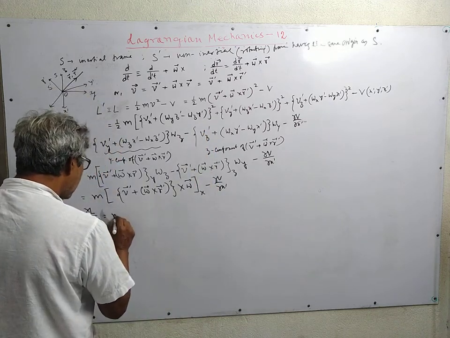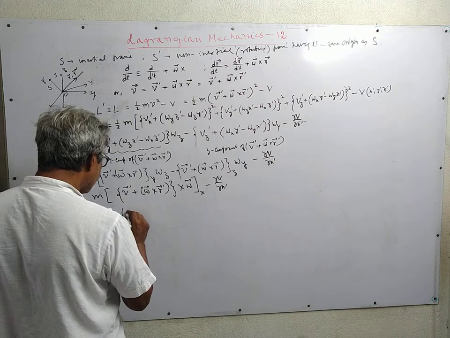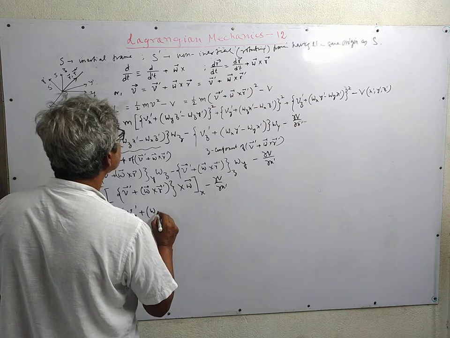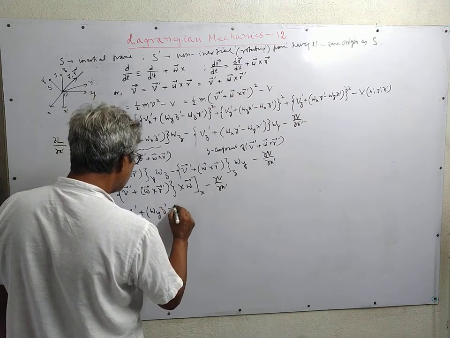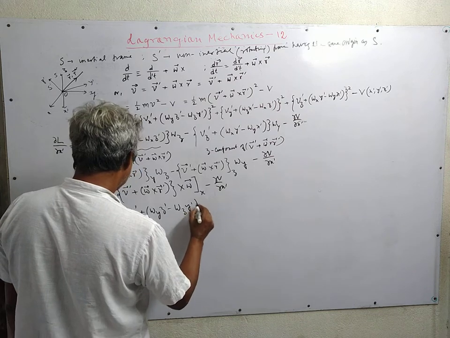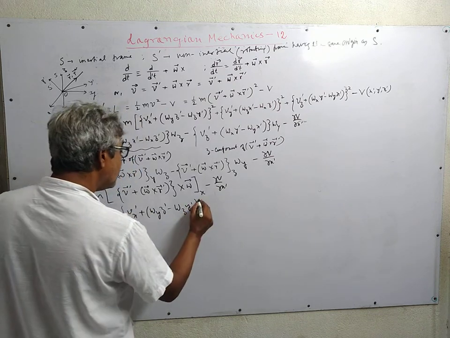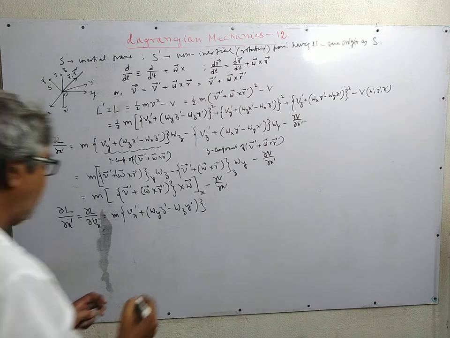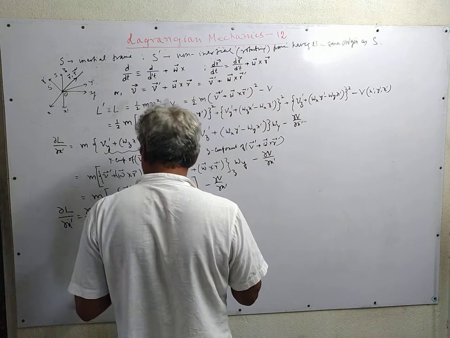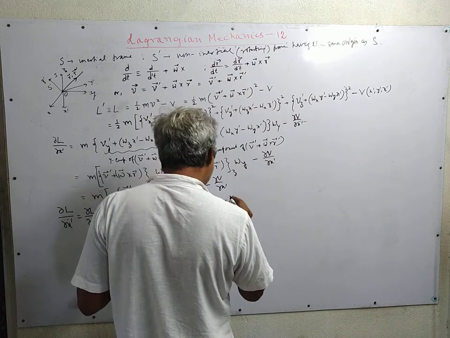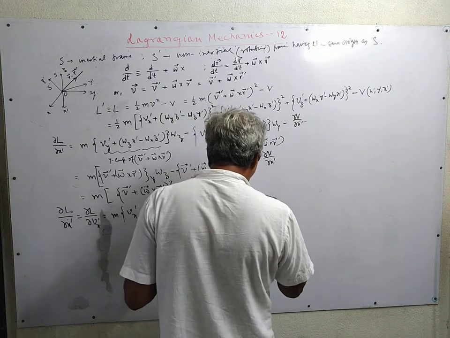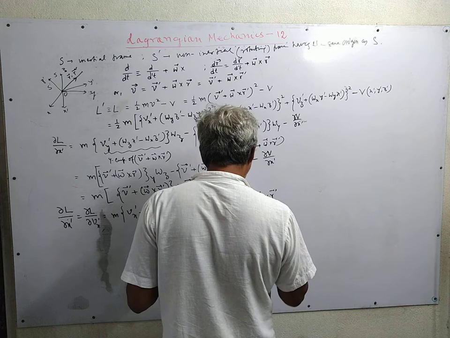So this is equal to m times V prime plus omega cross r prime, its x component.